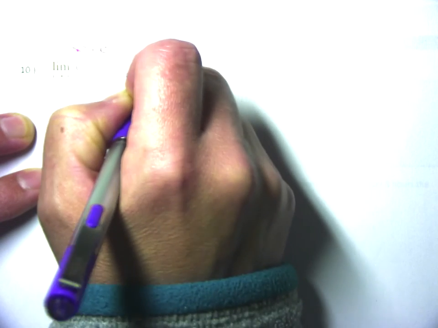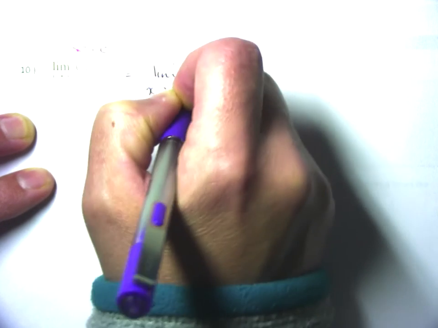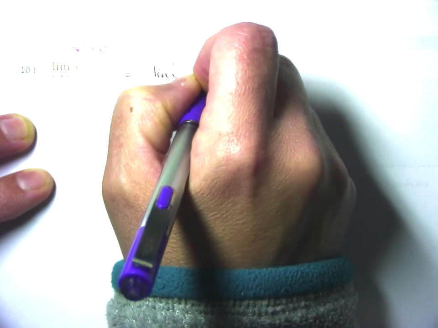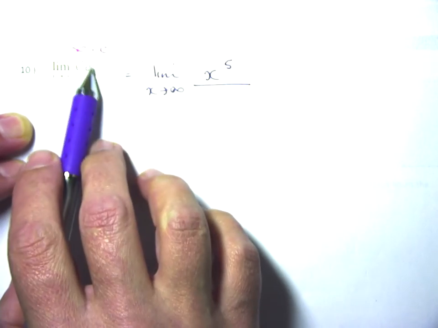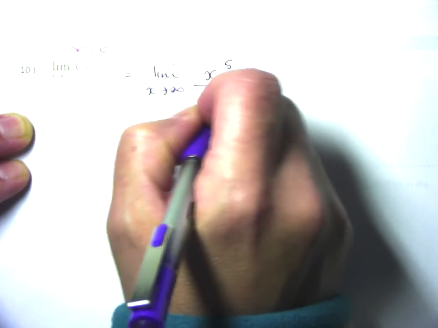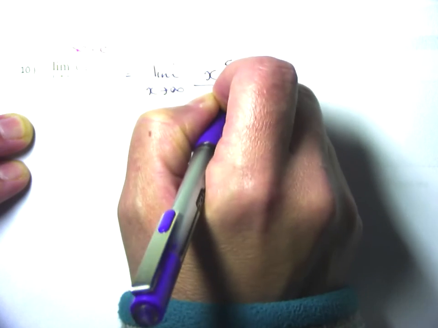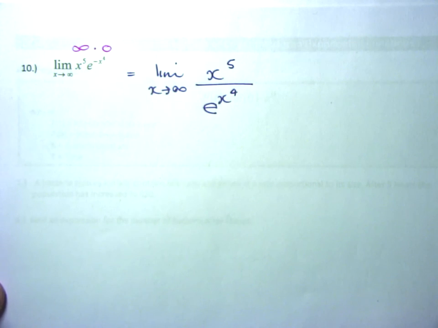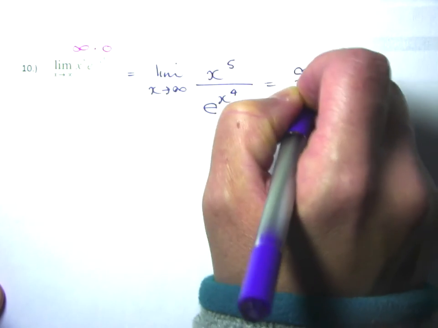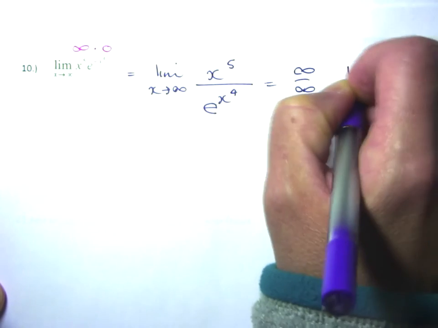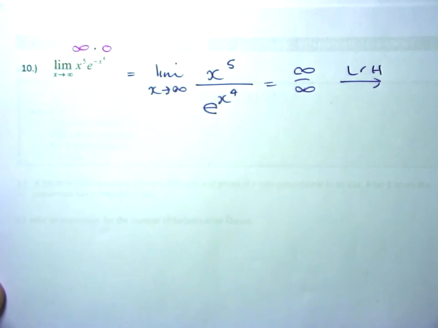I'm going to write this as the limit as x approaches infinity of x to the power 5 in the numerator, and move this term to the denominator, e raised to the power x to the 4th. All right, so if I now plug in infinity, you guys see that we get infinity over infinity, which means this is a very nice L'Hopital's rule problem.